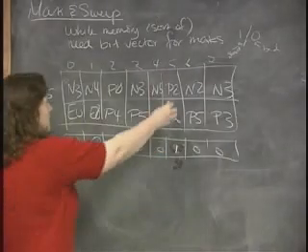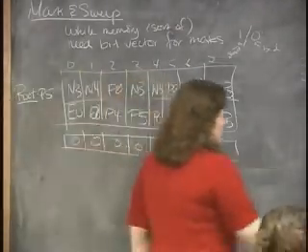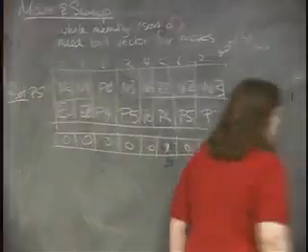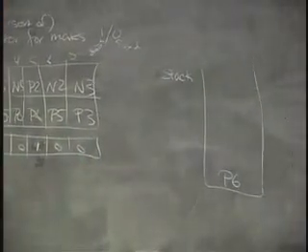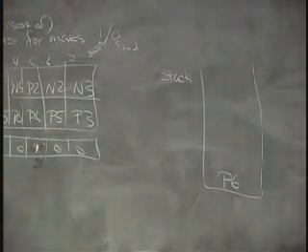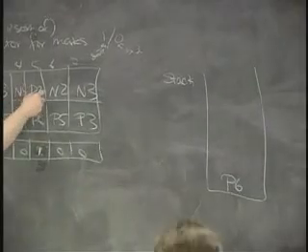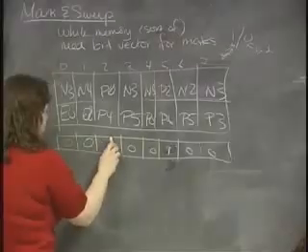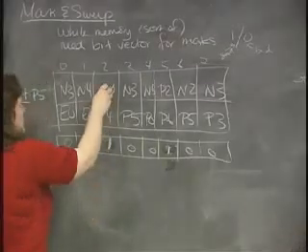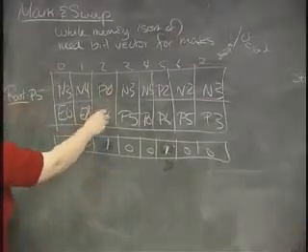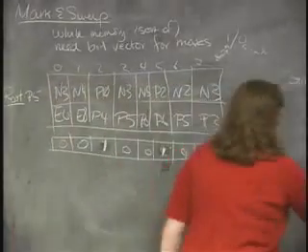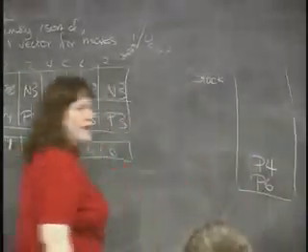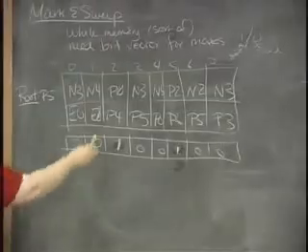I am going to go off and check P2, but I'm going to push P6 on the stack so that I remember to come back to it. So now I go to P2, and at P2, I mark that I've got a good cell. I'm going to check its car, but I first want to push the cdr onto the stack so that I remember to come back to it.